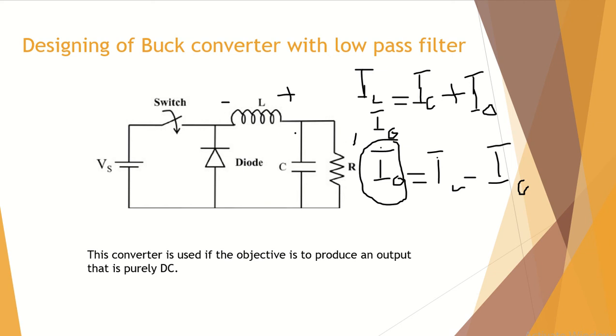So when the switch is open, the inductor will charge this capacitor and will maintain the constant current flow through the load. But when the inductor current goes below the value of the constant current, again the capacitor will start providing that current.